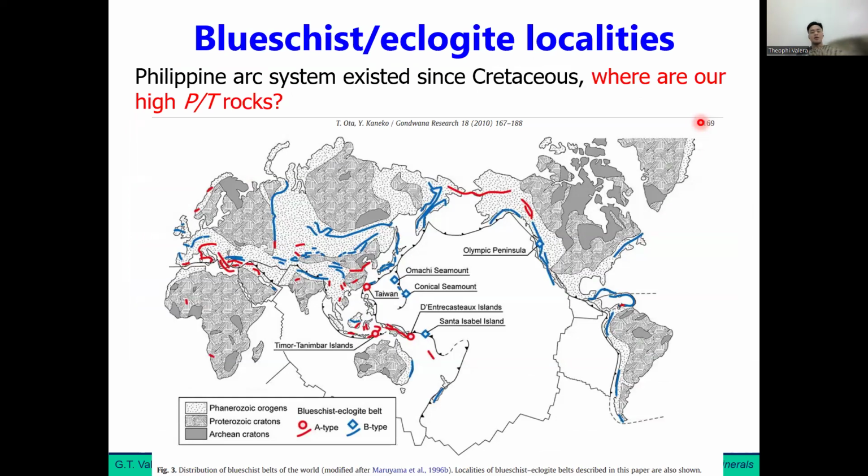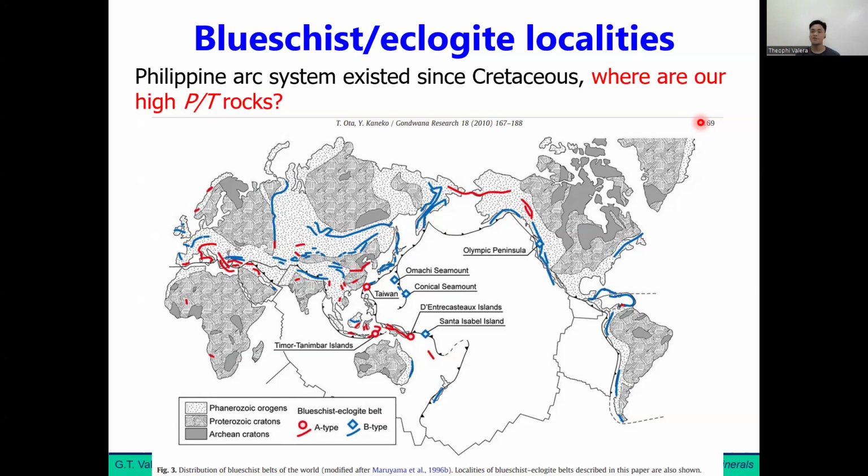Okay, so we discussed before, as I mentioned before, paired metamorphic belts are a marker of subduction zones. But actually, even if you don't have the high T, medium P rocks, just the high P, low T rocks are enough markers of ancient or existing subduction zones. And why is that?